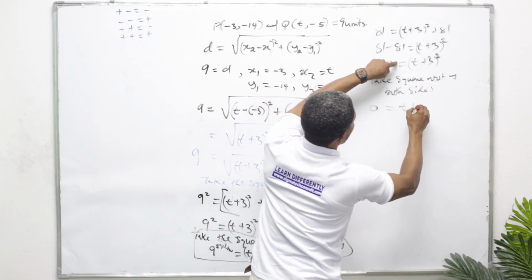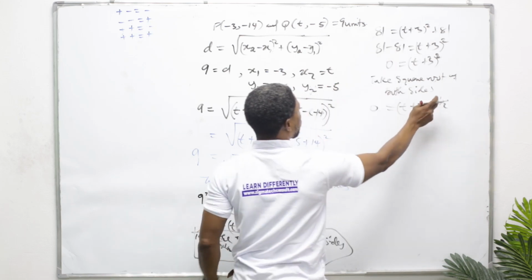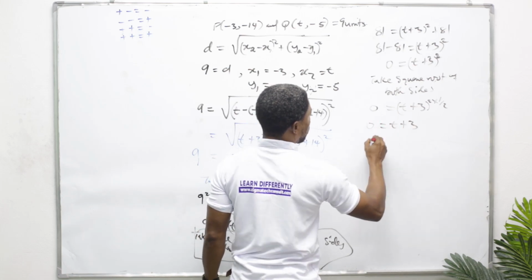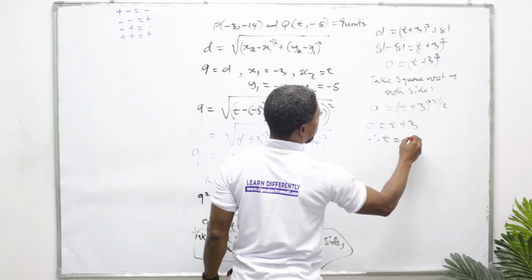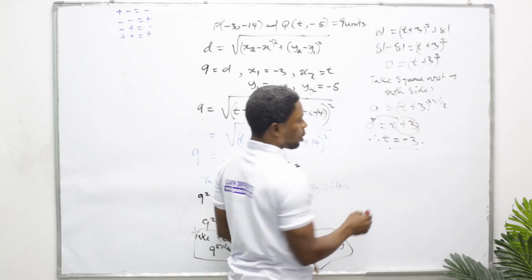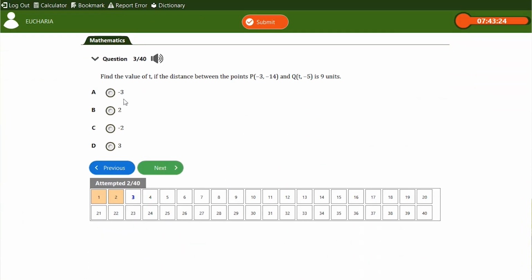This is now T plus 3 raised to the power 2 times half. You can see that this is 1. So you now have that 0 is equal to T plus 3. So therefore, T is equal to minus. So this one go to this side, will become minus 3. So you now have T equals to what? Minus 3. Answer is A. Let's go to the next one.